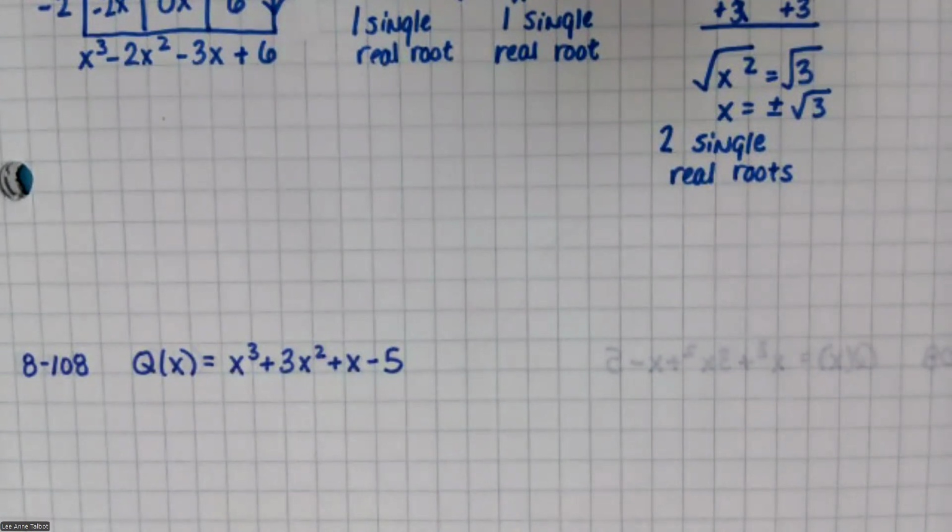I'm trying to walk you through this. Why is it Q of X? I don't know. First, type it in the graphing calculator. Find roots. Step 1, graphing calculator.